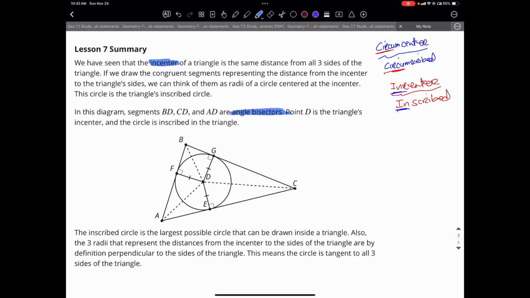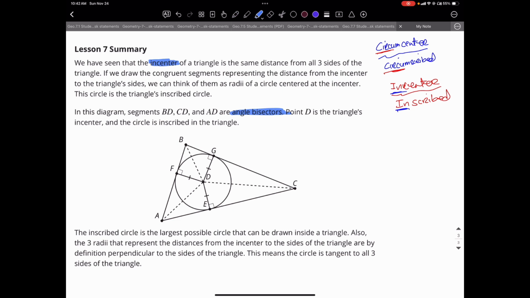In this diagram, segments BD, CD, and AD are angle bisectors. Point D is the triangle's incenter, and the circle is inscribed in the triangle. The inscribed circle is the largest possible circle that can be drawn inside a triangle.